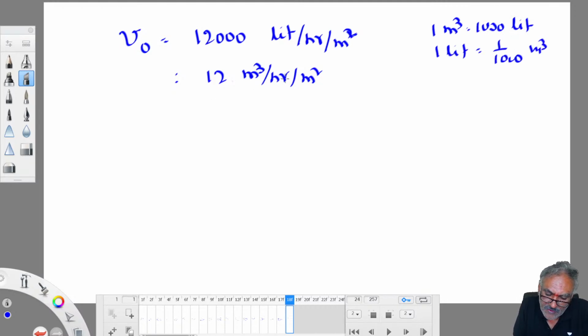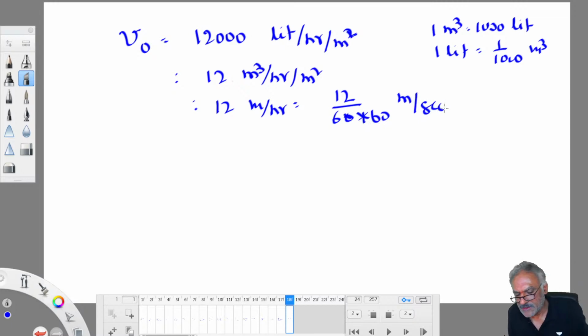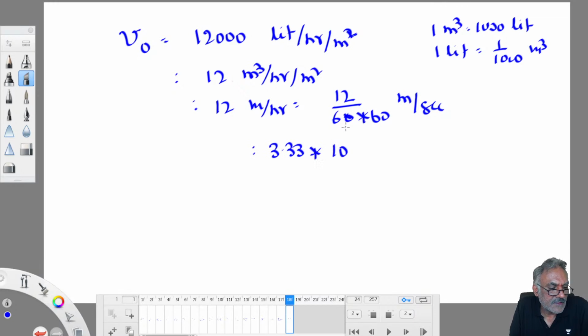Divided by 1000, this is nothing but 12 meters per hour. Now I am converting hours into seconds. 1 hour is equal to 60 by 60 seconds. 12 by 60 into 60. Come on, work it out. So it is 12 by 60 into 60, which is 3.33 into 10 power minus 3 meters per second.